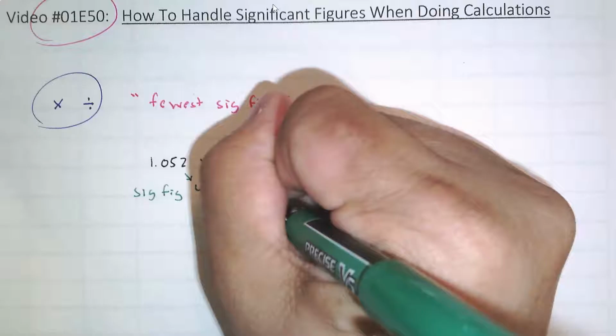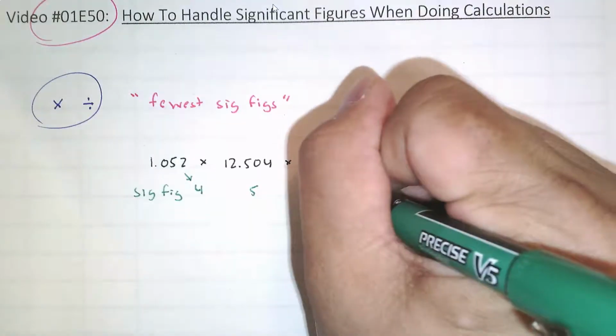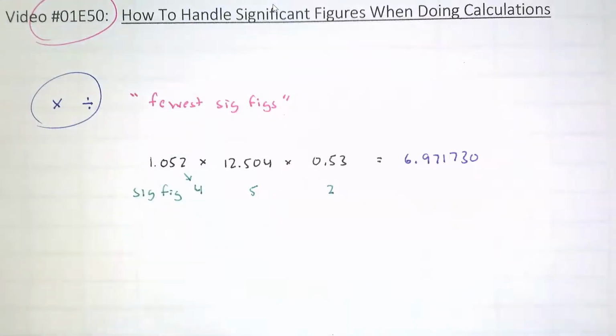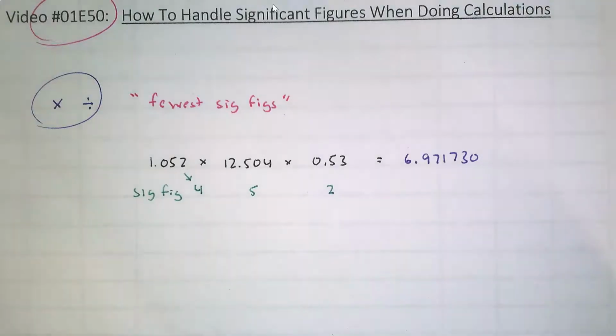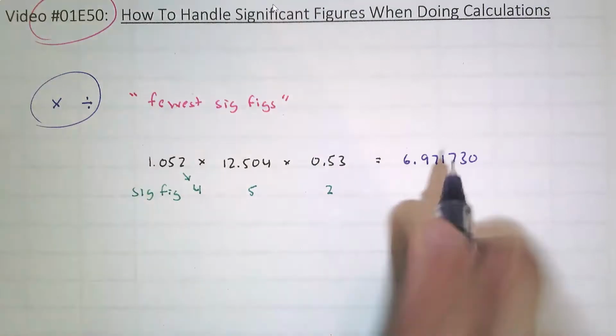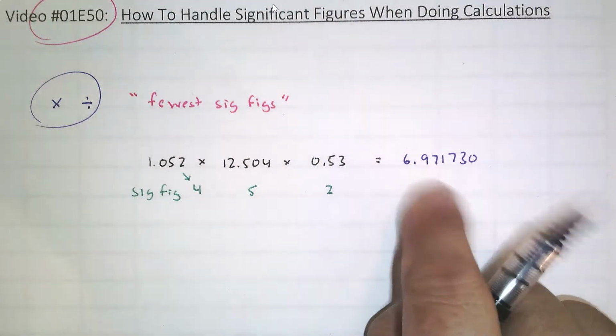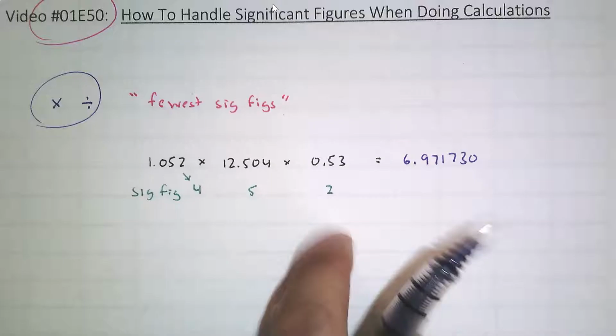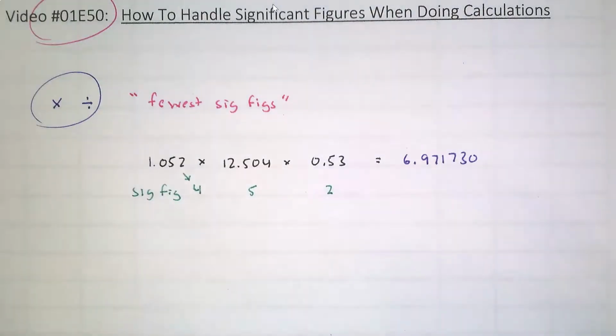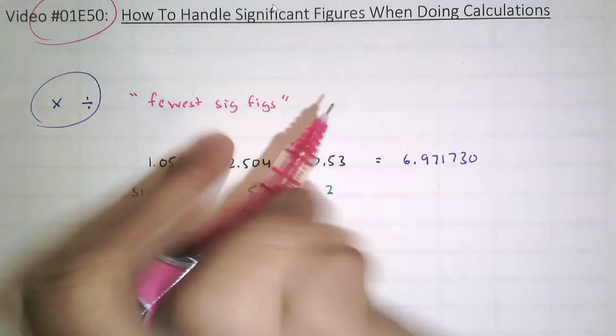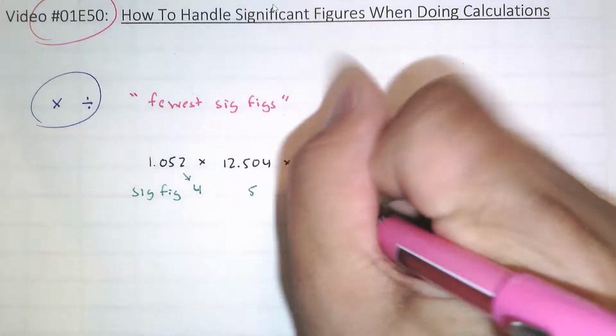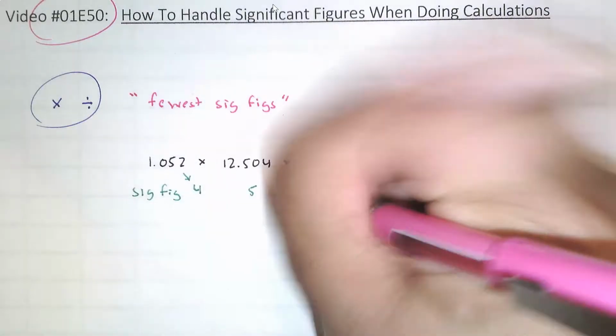This one has 5. And this one has only 2. So how do we round this? Oh, this is interesting. We're going to have to round to the ones place and to have only 2 significant figures because we are basing it off of the fewest number of sig figs in our collection of numbers.